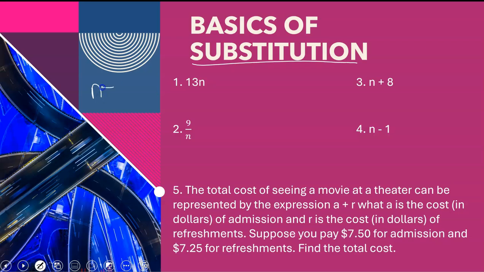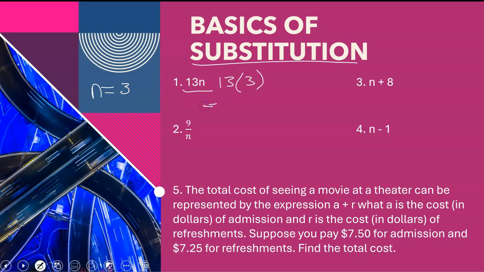Let's do a simple example of if n is equal to 3. For the first one, if n is valued at 3, then 13n is the same as 13 times n. So we essentially have 13 times 3, because everywhere we see an n, we can substitute a 3.